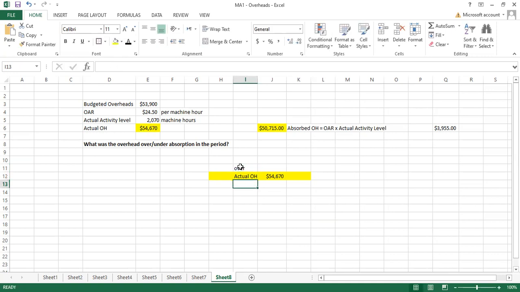They forget which one is higher, this one or that one. So I always tell them to remember this: actual overheads are best, so where shall I write? I should write this here, under. So it is under absorbed. By how much? Overheads are under absorbed by 3955.